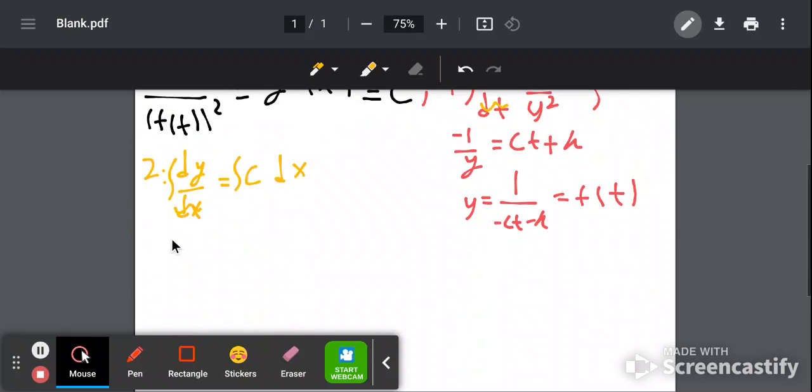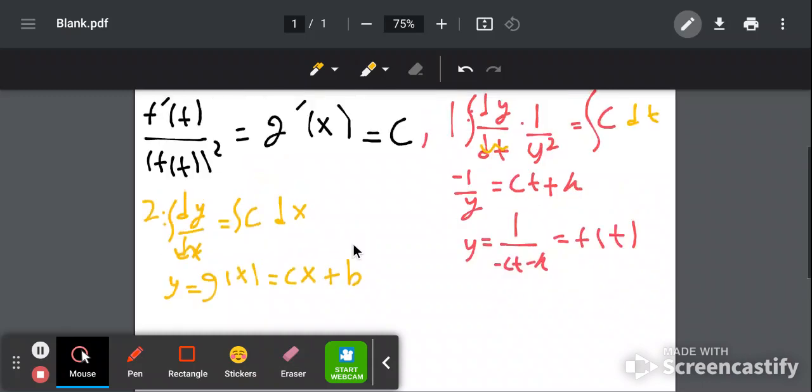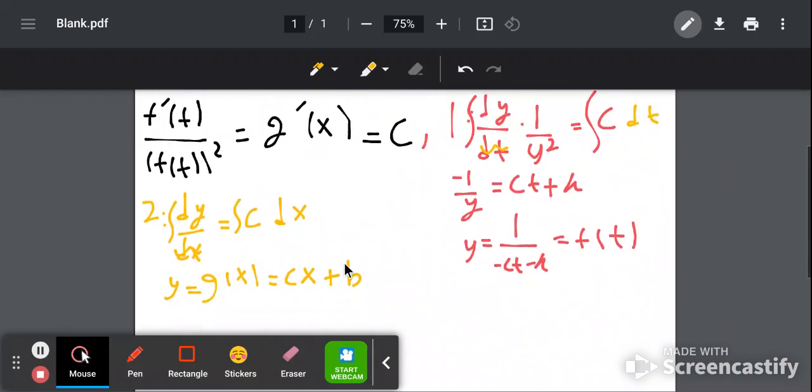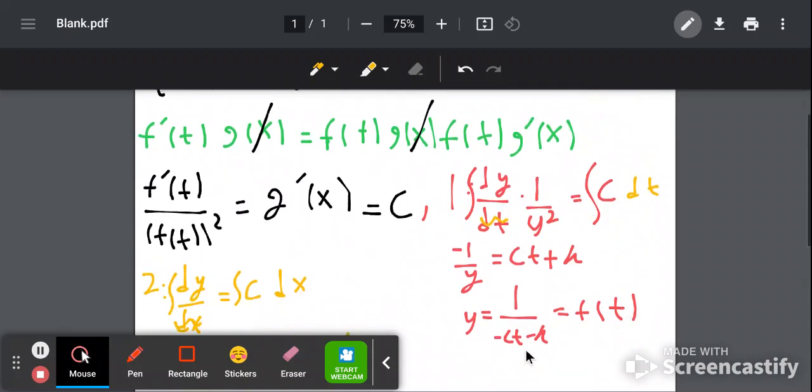And what we are left with is basically y, which is equal to the g of x, the function in terms of x, is equal to the integral of that, which is cx, and then we want to add a constant, we can add plus b. So now you have found the two parts of our solution. One of them is this, cx plus b, one of them is this, 1 over negative ct minus k.